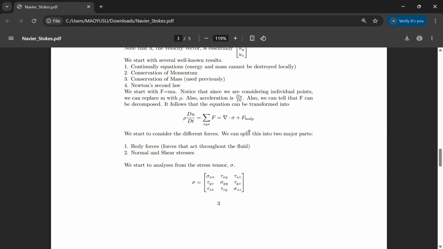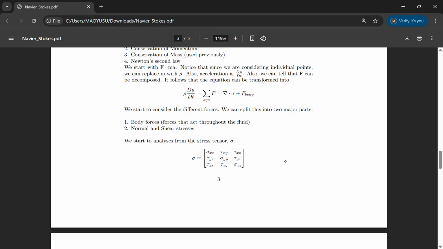So I use sigma here, which is the stress tensor. And the f body is basically the gravitational and electromagnetic forces we covered earlier. So nabla dot product the stress tensor sigma. Okay, so this one will be part of the normal shear stresses.